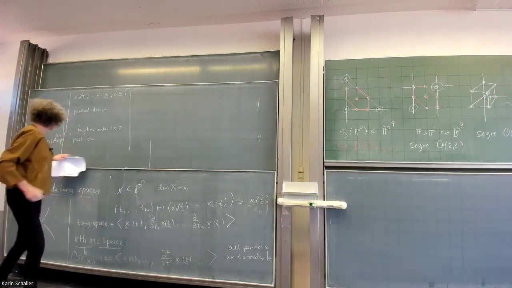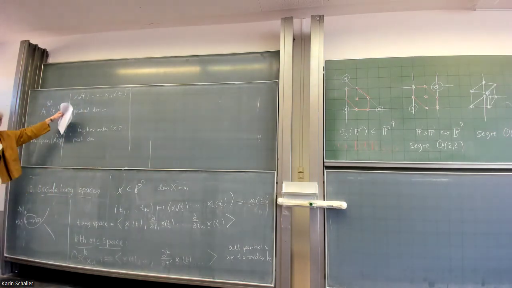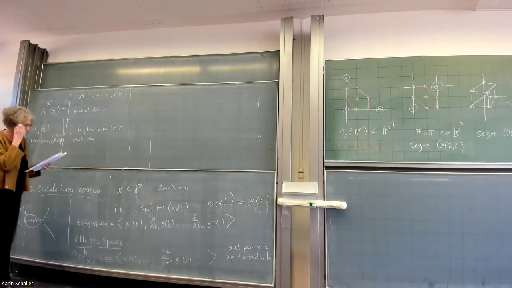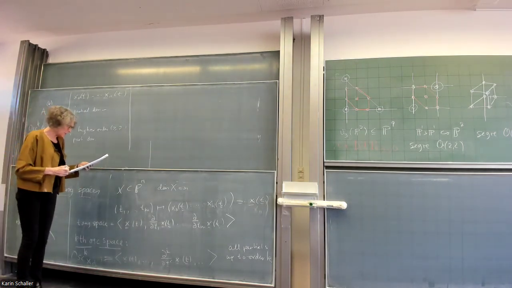And the dimension of the kth osculating space is going to be the rank of this new matrix minus 1. But it's not an important deal.